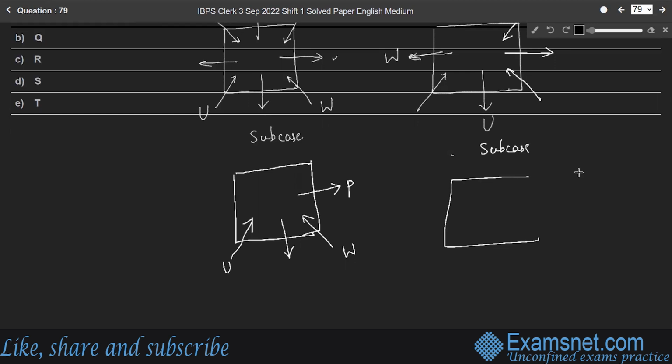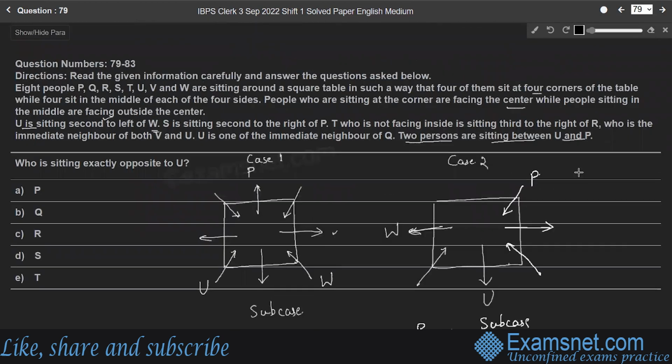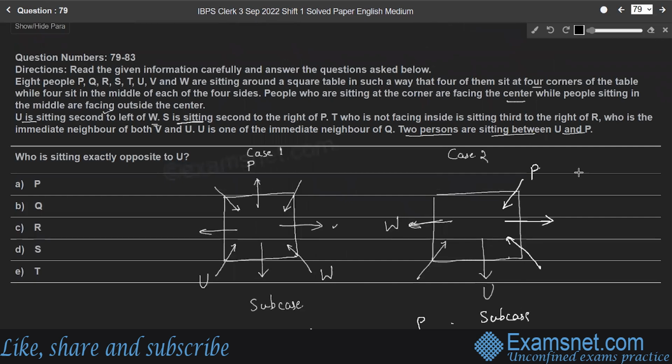So here in case 2, U is sitting in the middle. P has to sit here, top left corner. So what is the position of W here? Yes.